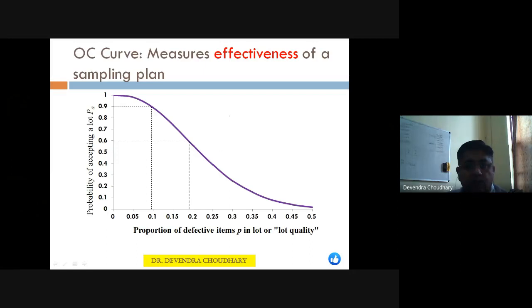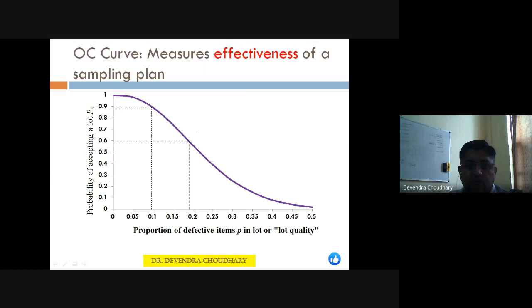This curve is used to measure the effectiveness of a sampling plan. When we say effectiveness, it means this OC curve should have a very good discriminating power.